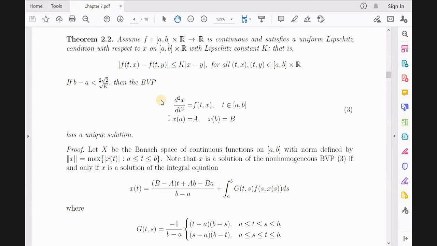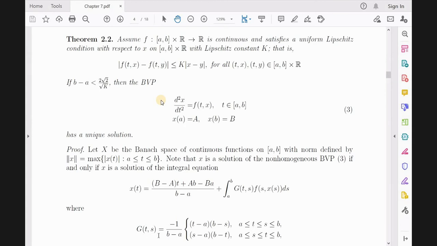You can see this can be expressed as this: x(t) is (b minus a) into t plus ab minus ba over b minus a, plus integral from a to b g(t,s) f(s, x(s)) ds, where g(t,s) is the Green's function defined as g(t,s) is minus 1 over (b minus a) into (t minus a) into (b minus s) for a less than or equal to t less than or equal to s less than or equal to b.